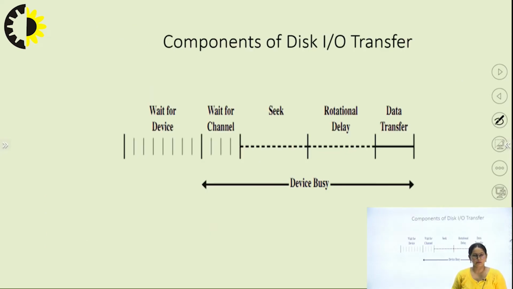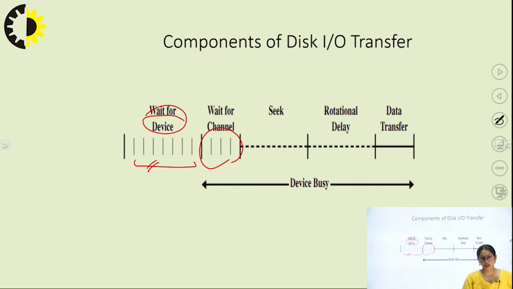Now these are the components associated with the disk input output transfer. First of all, you have to wait for the device. It would not be the scenario that any time a request is generated, the device is free and you can access it at that particular time. So it could be possible that you should wait for the device. Then after that, you will be waiting for the channel, depending on what kind of algorithm you are using and what kind of channel you will use.